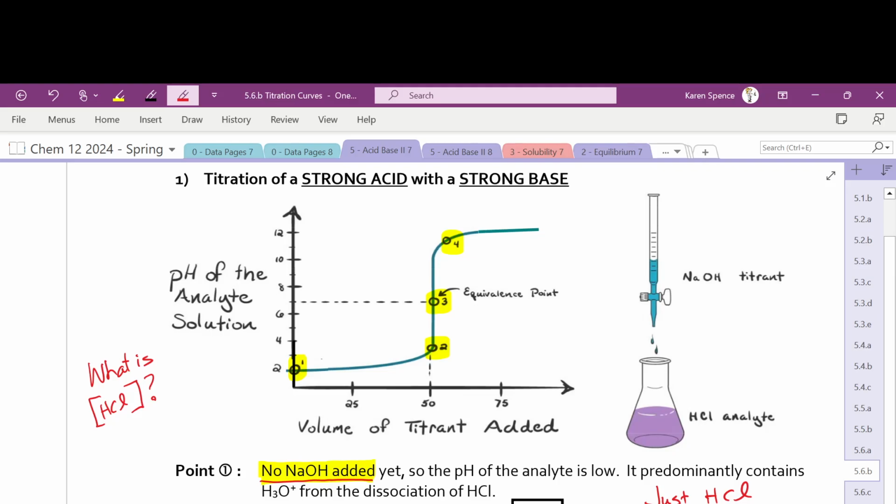There is enough information on that graph that you can tell. And we've only gotten to point 1, so my guess is it's probably going to come from point 1.